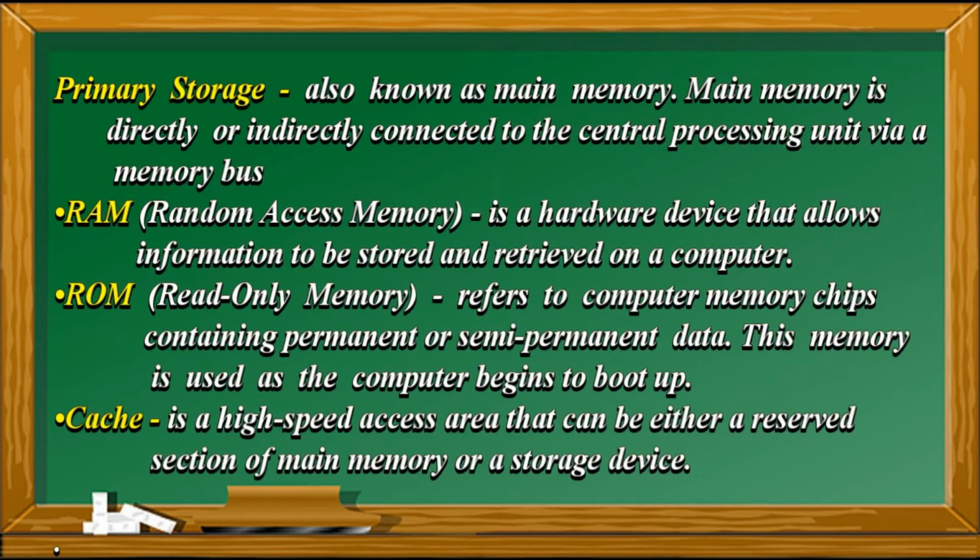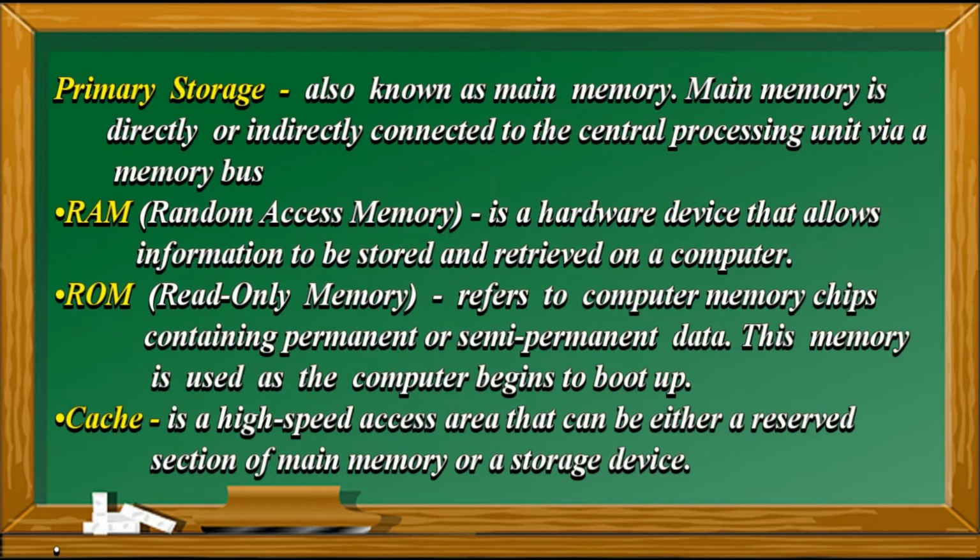RAM, or random access memory, is a hardware device that allows information to be stored and retrieved on a computer. ROM, or read-only memory, refers to the computer memory chips containing permanent or semi-permanent data. This memory is used as the computer begins to boot up.